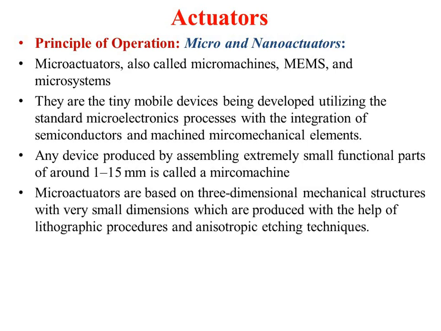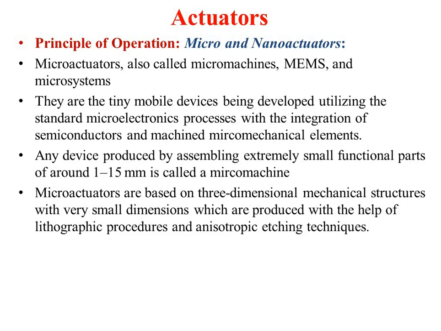So micro actuators are based on three-dimensional mechanical structures with very small dimensions, which are produced with the help of the lithographic process. Lithographic means you are printing the circuit or your part on a film and exposing it to UV.